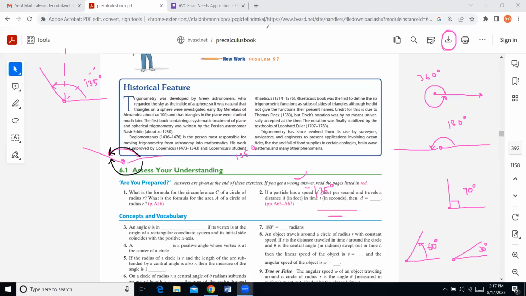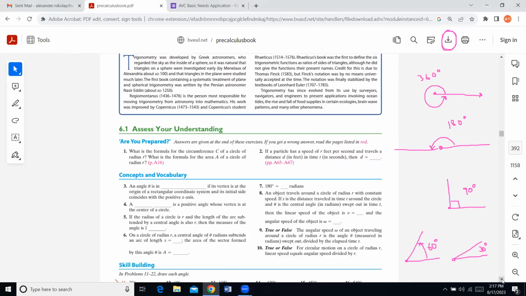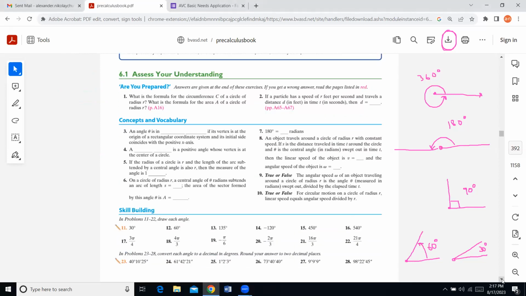Since I provided you with this book, I will be doing my best to answer any questions from this textbook. When you say even from college algebra, yes, sure, why not? I'm glad that you're curious. If you didn't take that class or it was a while or you forgot, well, then you can ask me questions related to college algebra as well, which is the first 5 sections of this textbook.